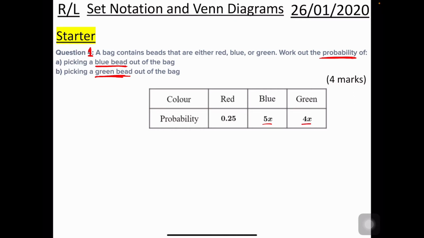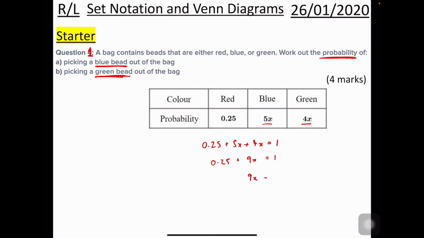We know that the probabilities have to add up to 1. So I'm going to write 0.25 plus 5x plus 4x equals 1. So 0.25 plus 9x equals 1. Subtract 0.25 from both sides.